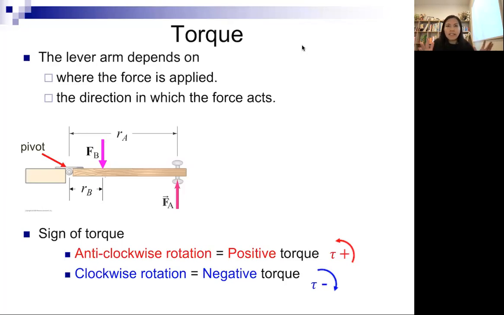When you're finding the net torque or the total torque introduced by all the forces acting on the object, it's important to consider whether that's a negative torque or a positive torque. If the tendency of the torque is to cause a clockwise rotation, then that's a negative torque. Otherwise, anti-clockwise rotation is a positive torque.